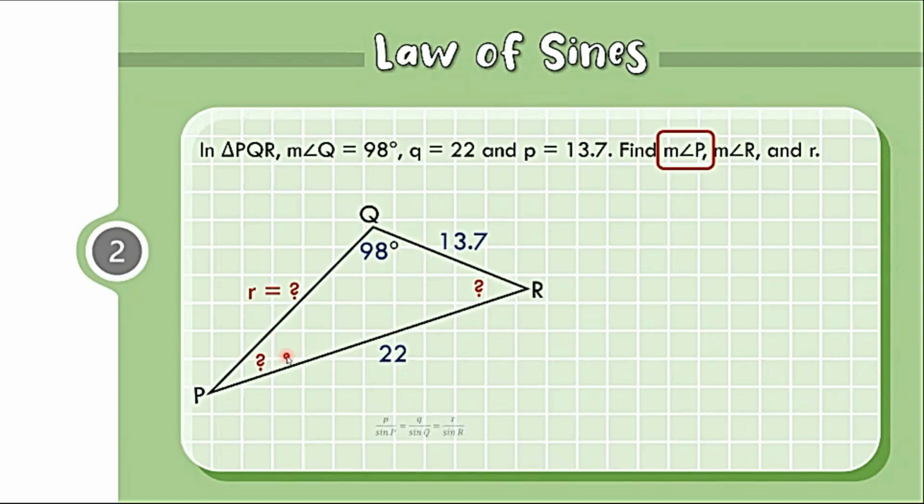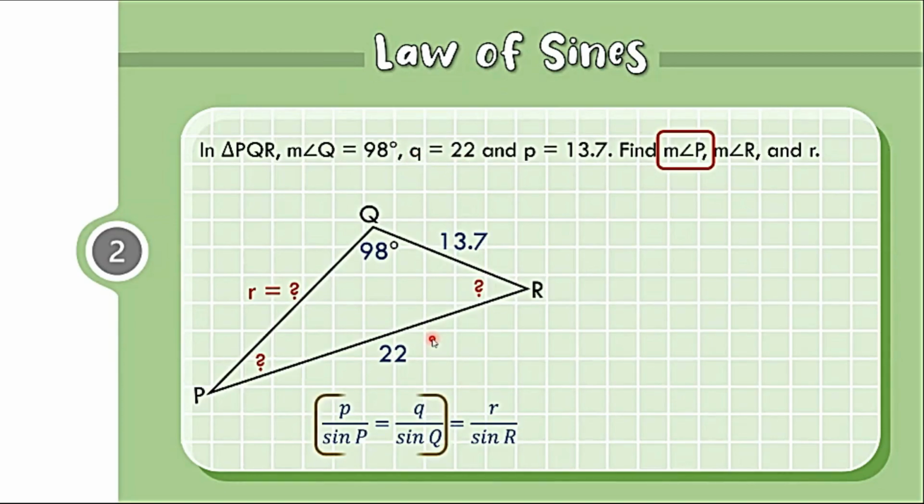Therefore, our proportion will be p over sine P is equal to q over sine Q equal to r over sine R. So in our case here, let us decide which proportional ratios we will use to find the measure of angle P. Again, we are looking for the measure of angle P, so the first ratio that we must have is p over sine P. As for the given, the measure of angle Q is equal to 98 degrees while the side opposite to it is equal to 22 units.